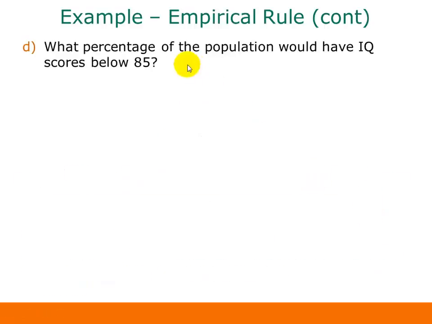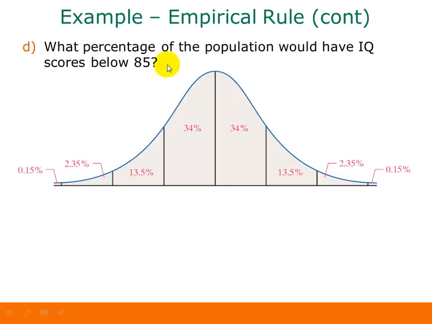Now, what percentage of the population would have IQ scores below 85? Again, we're going to take our picture and we want to locate 85 in this picture. Our mean again is 100, so that's right there in the middle. If we subtract 1 standard deviation from that, that's going to give us 85. So here's where the 85 is.